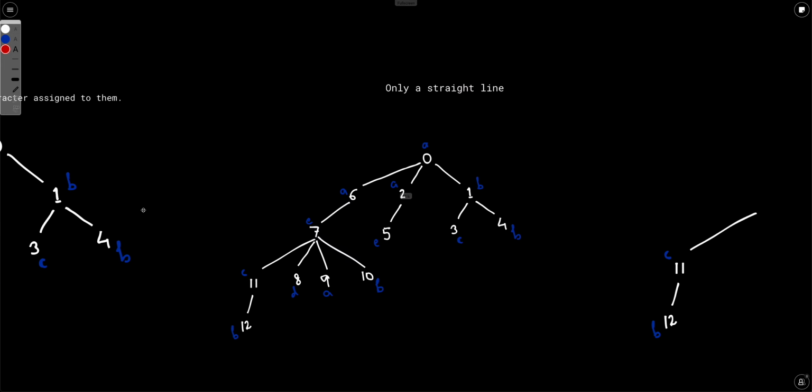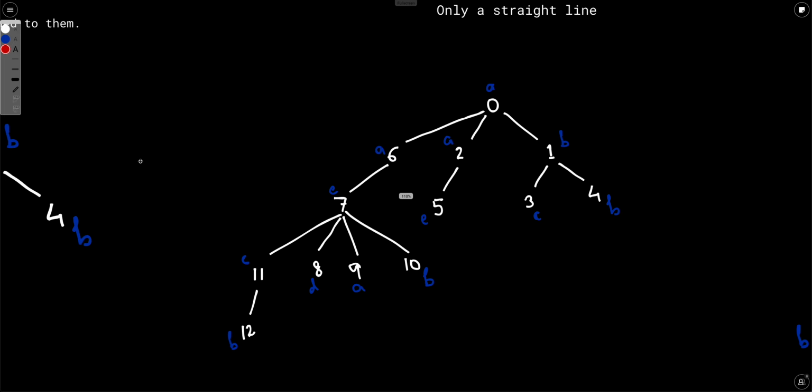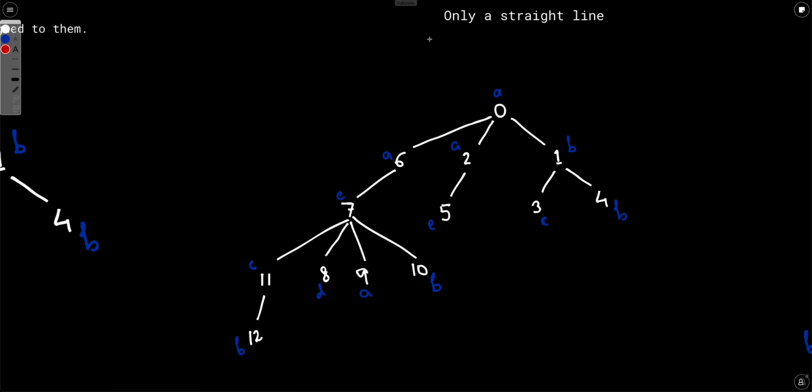Let's do this for this particular case. We are only solving for the straight lines in the question. We are trying to find the largest straight line for each node, or in the entirety, whatever it is. We are not considering any path which goes like this or that. So those are excluded.